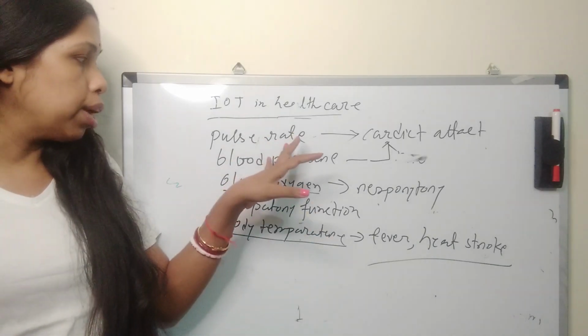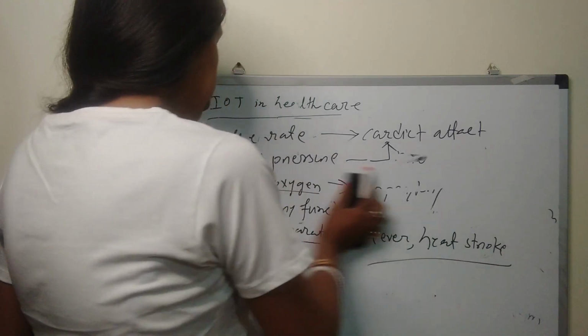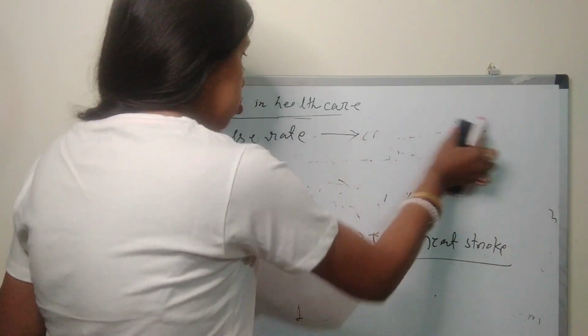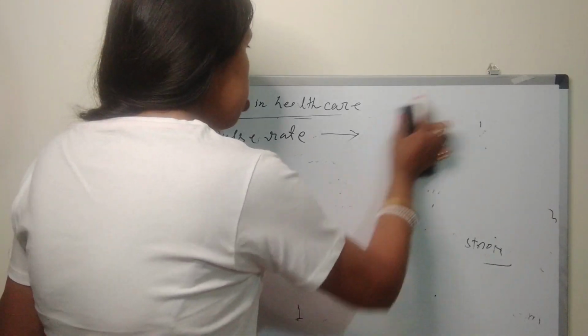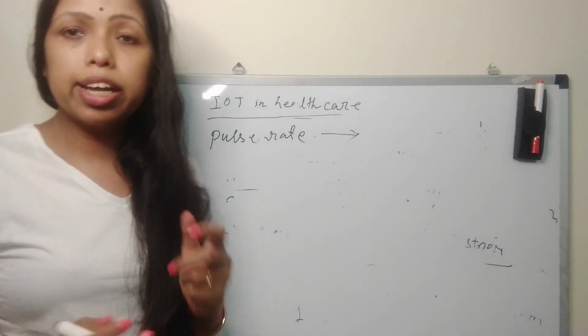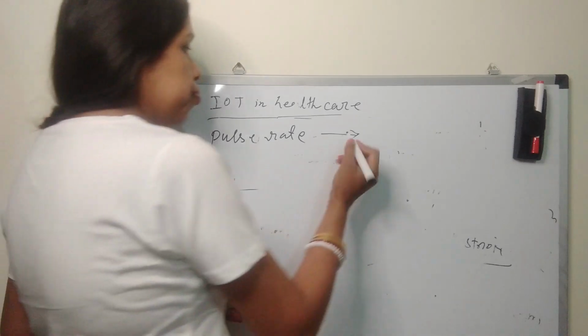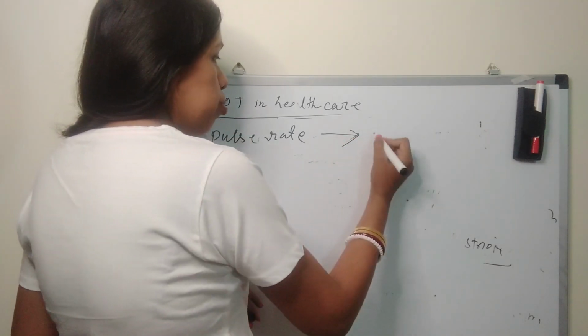So for measuring the pulse rate, first we come to the pulse rate. It can be measured from different locations of the body.